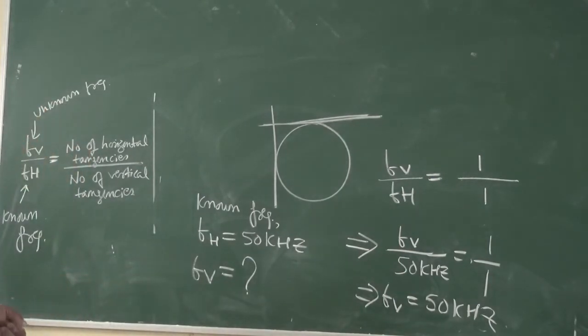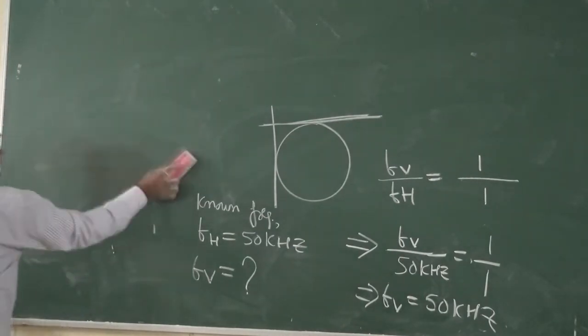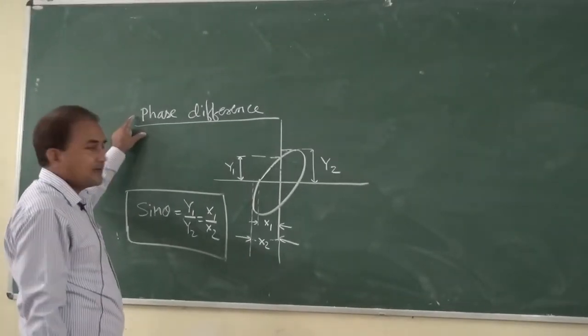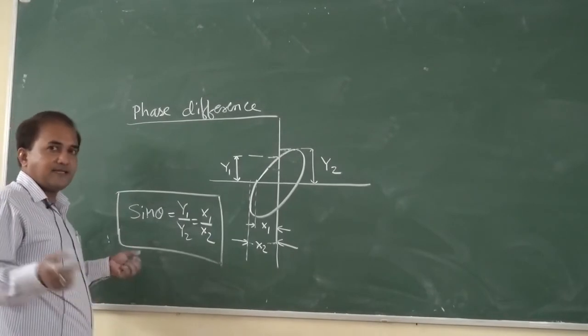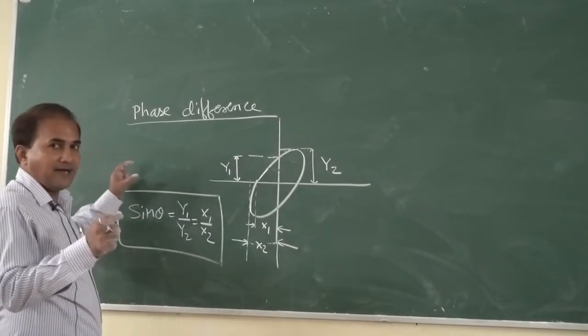Then how can we determine the phase difference? Now we will see how the phase difference can be measured by using a CRO. The phase difference can be measured by applying two sine waves.